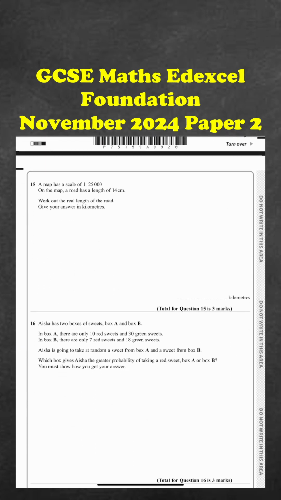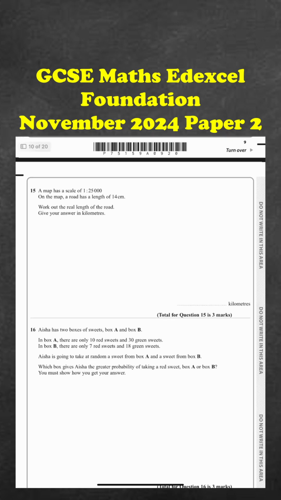Question 15. A map has a scale of 1 to 25,000. On the map, a road has a length of 14 centimetres. Work out the real length of the road. Give your answer in kilometres. Okay, so 14 centimetres multiplied by 25,000 is going to be our answer in centimetres, which is 350,000 centimetres.